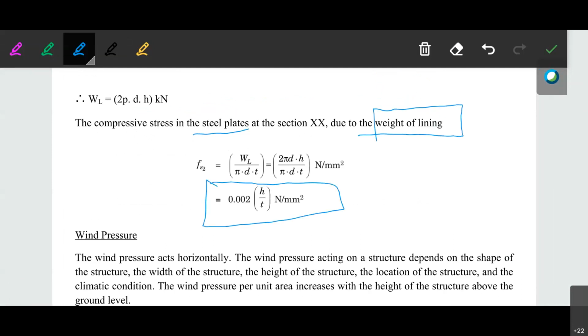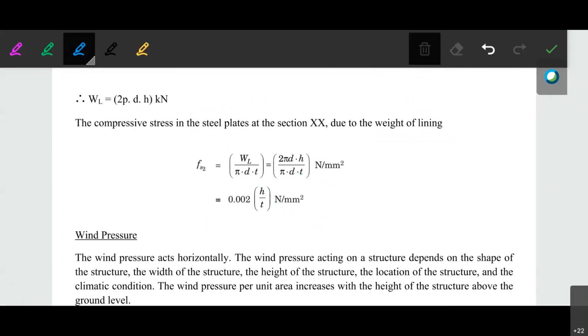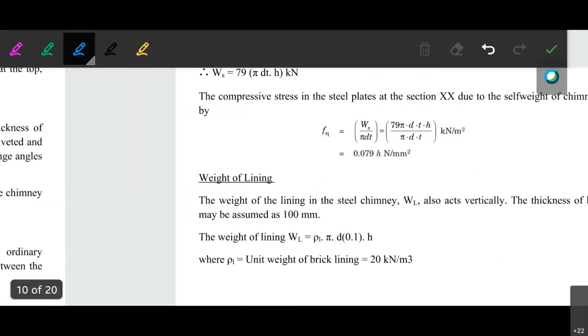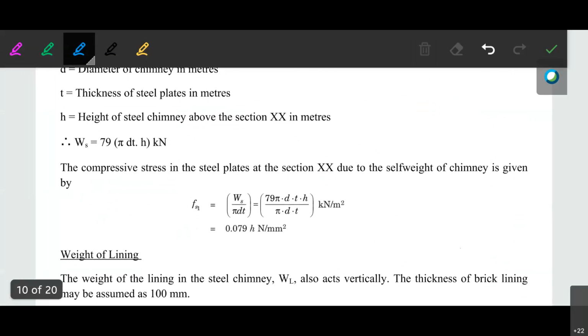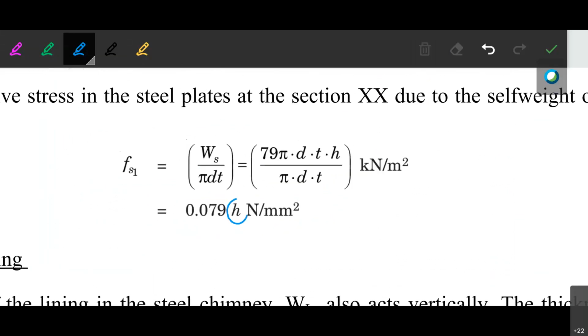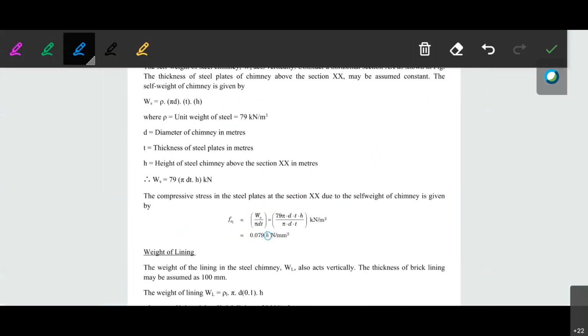Okay, remember that in this particular formula the unit is Newton per mm square. Here the Newton per mm square is obtained by converting this particular 79 value, we have converted it into Newton per mm square. Now here the h will be taken, sorry, the h will be taken as the height of the particular steel chimney section in meter. Okay, remember that particular one.